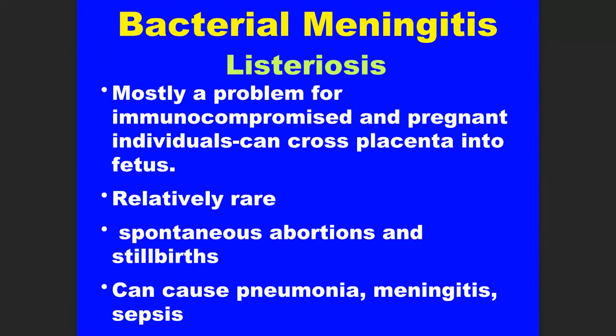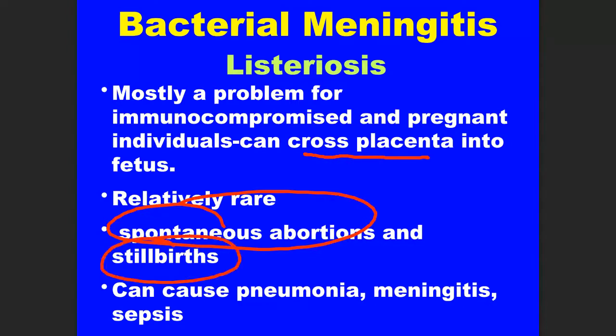The problem is that the bacteria can cross the placenta and infect the fetus. The fetus will, in most cases, be either spontaneously aborted or stillborn. If they are born alive, a lot of times it can cause meningitis of the newborn. But again, it's a rare form of meningitis in newborns.